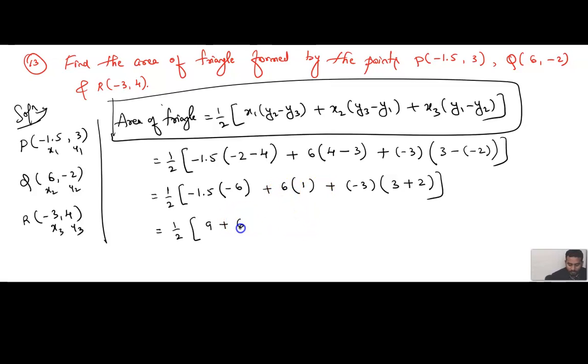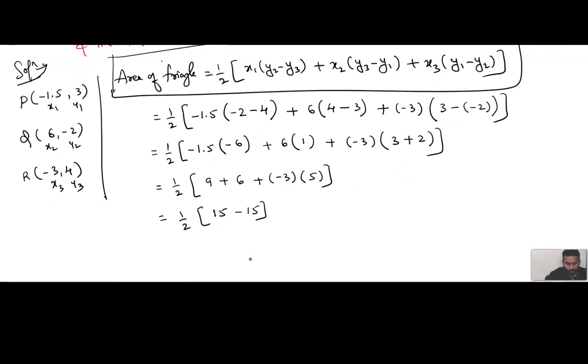6 ones are 6. Now plus as it is. Now what is left out? That is minus 3 into 3 plus 2 is 5. Close the bracket. That is equal to half into 9 plus 6. How much? 15. Right? Now plus into minus, minus. 3 5s are 15.